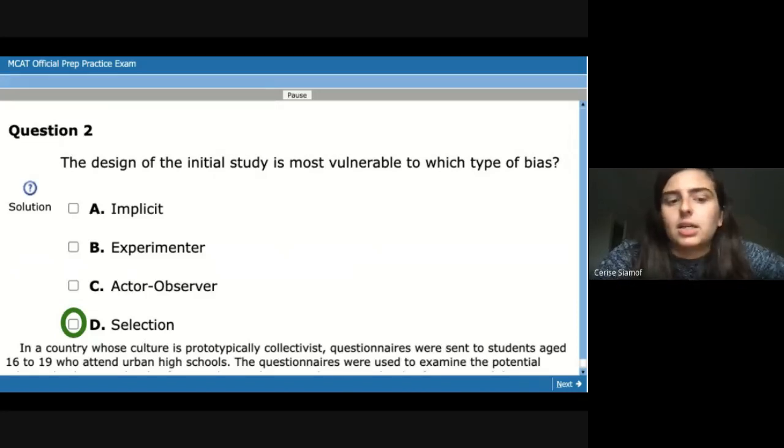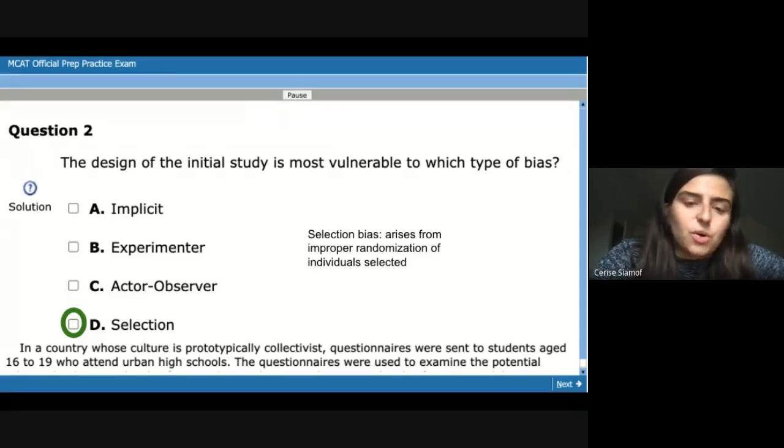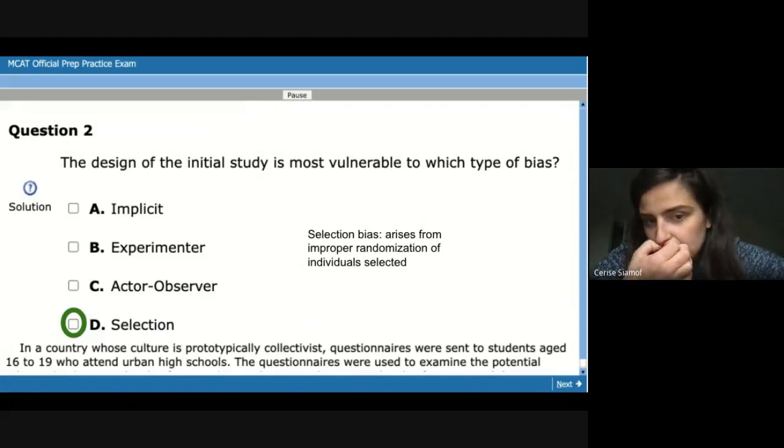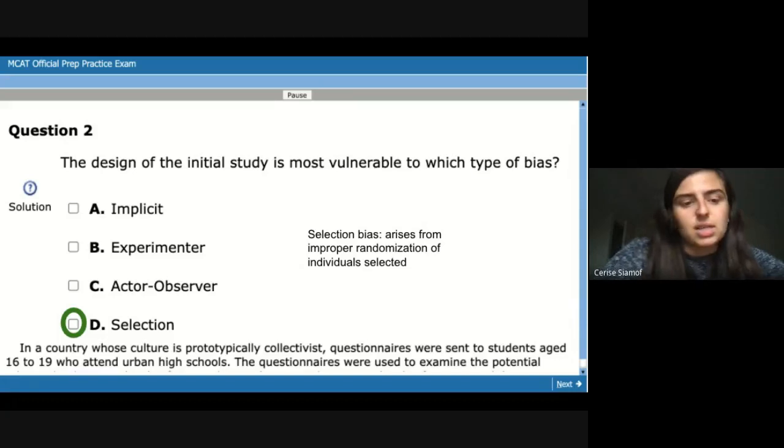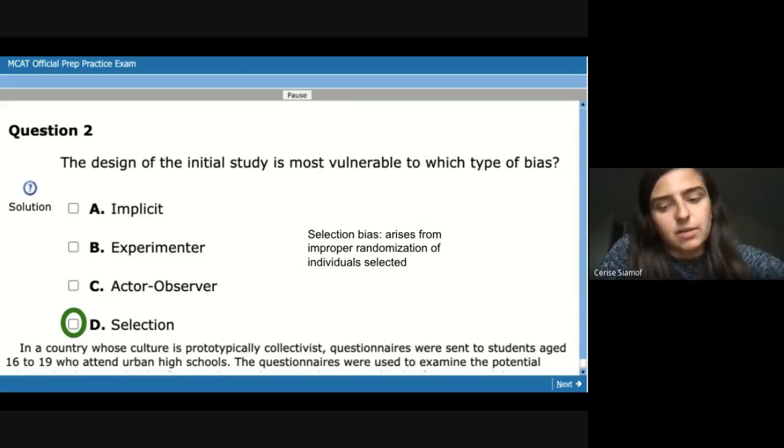And if you want to click again, selection bias, we should know, arises from improper randomization of individuals selected. So you can see that they're picking very specific people to send these surveys to. And so this piece of the process lends itself to being most vulnerable to selection bias of these four.